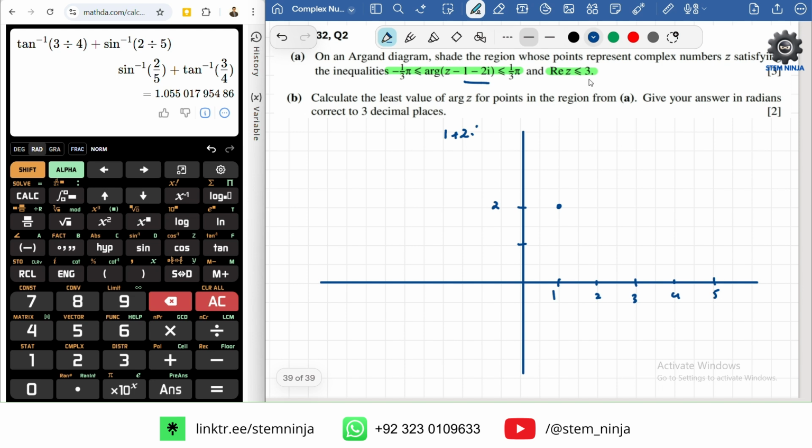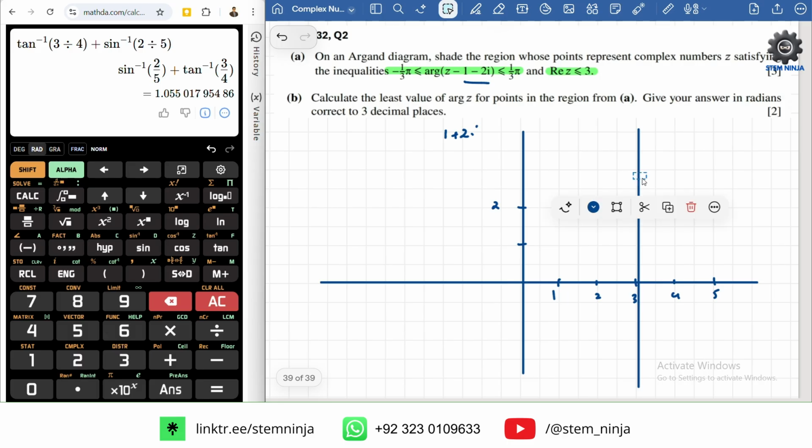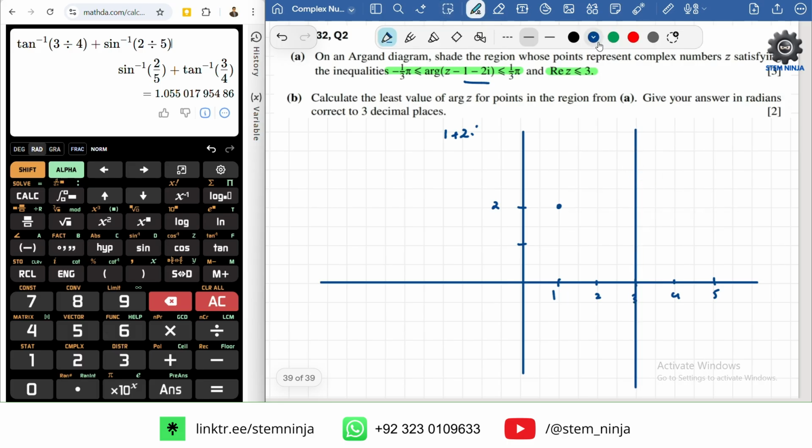And real z less than 3, this would be this particular line right over here. So once again, do this with a clean set of instruments, ruler, compass, whatever you need.